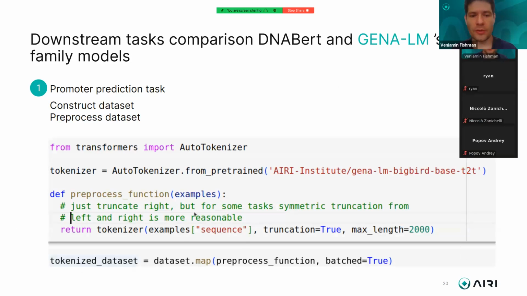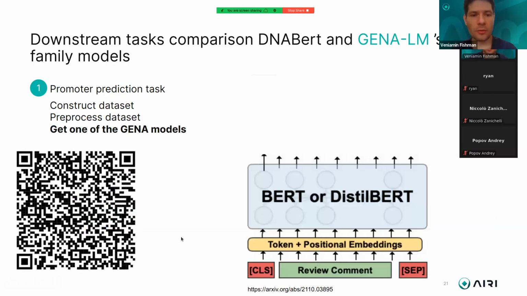So you would need to use our tokenizer, which is also available on Hugging Face. I will show you links in the end. Here is how you can do this using the standard classes from transformers libraries. By this operation, you process the sequences to obtain tokens. Then you need one of our GENA models to get some meaningful embeddings of these tokenized sequences.